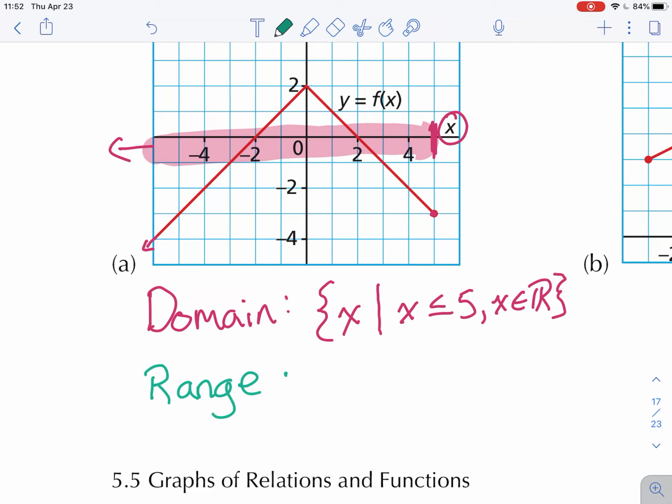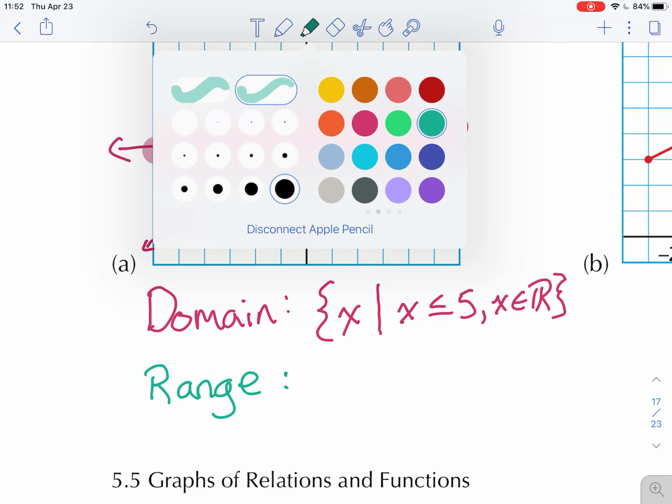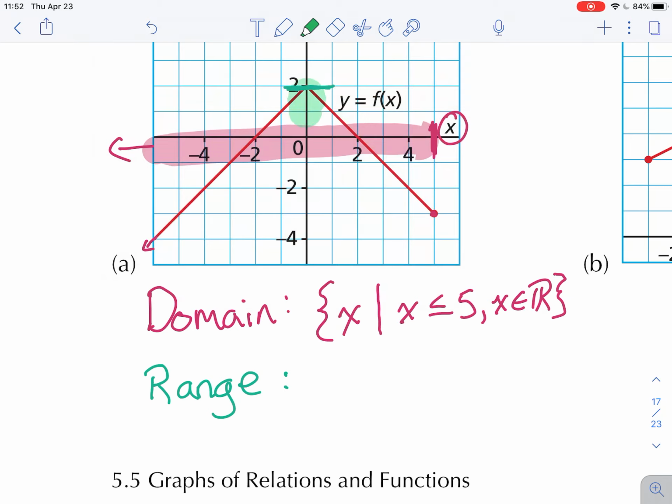Now let's take a look at our range. Range, we're looking up and down. We're looking on our y-axis. Here's our highest point at 2. And then our graph goes down.